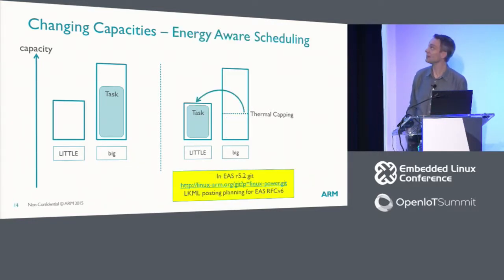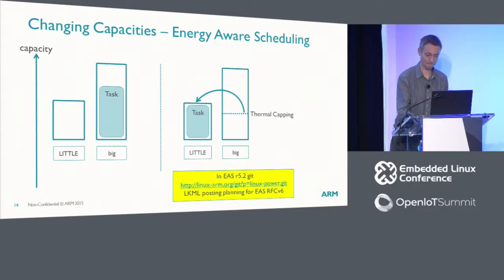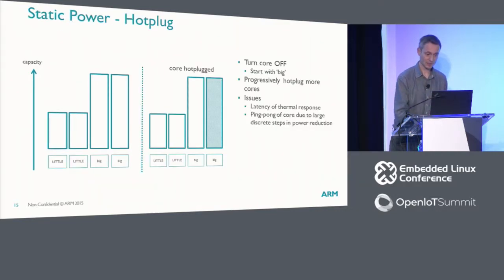And so this is coming, we've got it in one of the ARM Git trees so far, and it will be posted in LKML in the very near future. So making the scheduler aware of this dynamic capacity changing of the CPUs and moving tasks across.